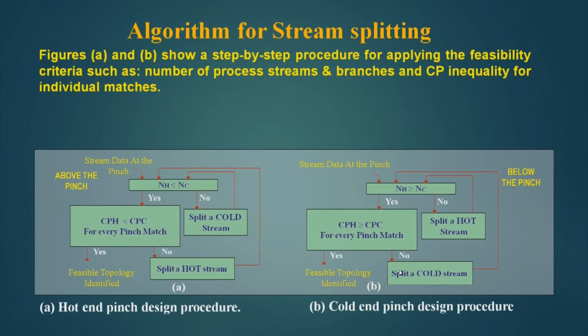If no, then we will split a cold stream and again we will move to this. So, here we see that this algorithm takes into account both the rules, that is the stream or branches rule and the Cp inequality rule, and for conditions above the pinch and below the pinch, these rules reverse.